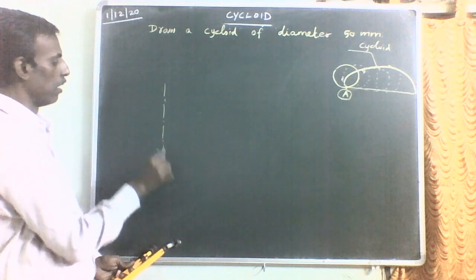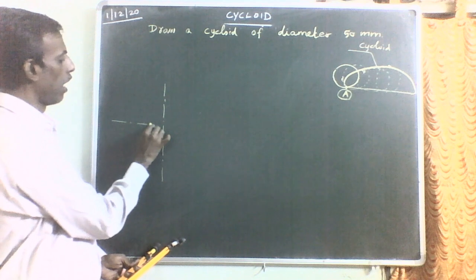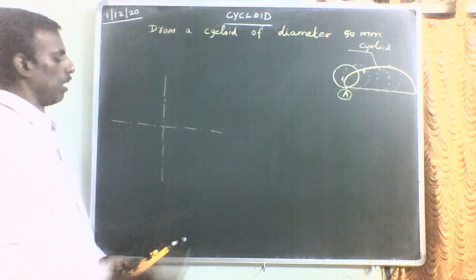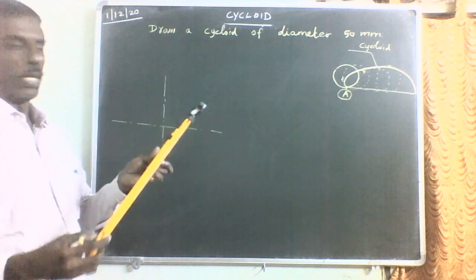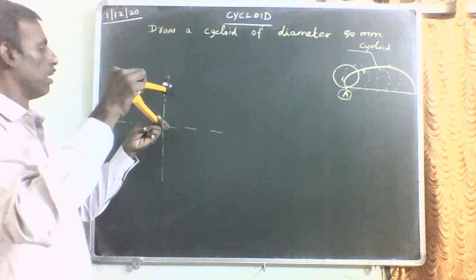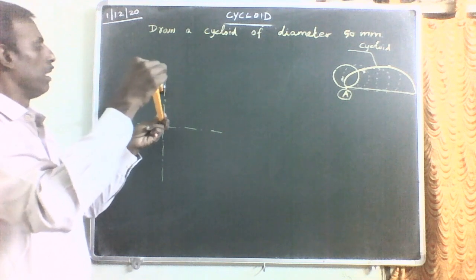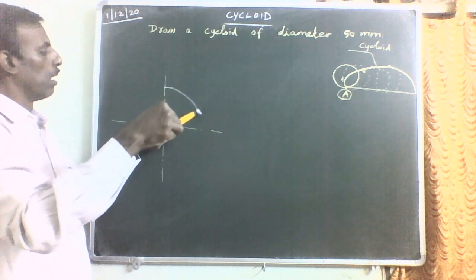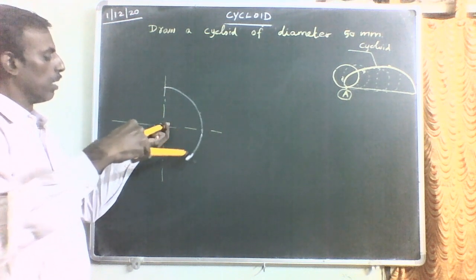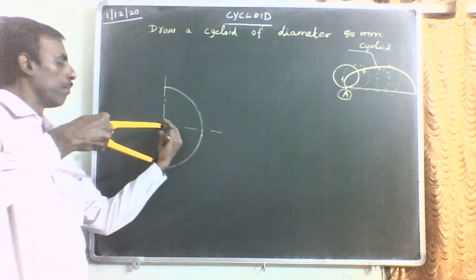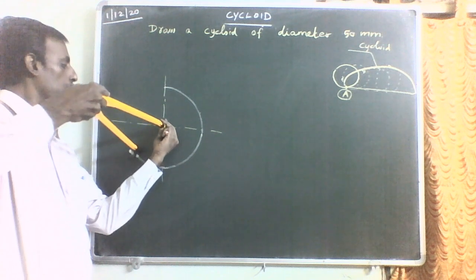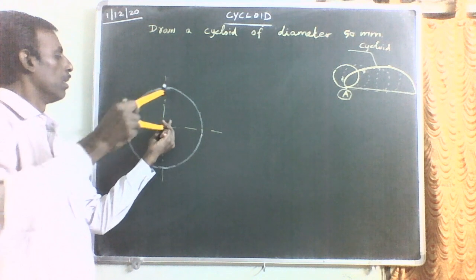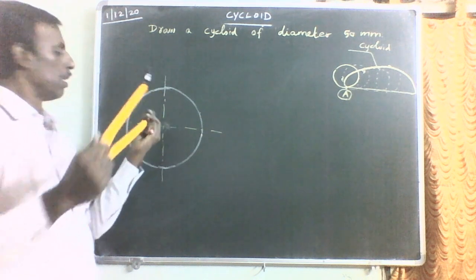First, locate the circle using horizontal and vertical center lines. Now, the diameter is 50, so the radius of the circle will be equal to 25 mm. So, with the radius 25 mm, we are going to draw one circle. Okay.